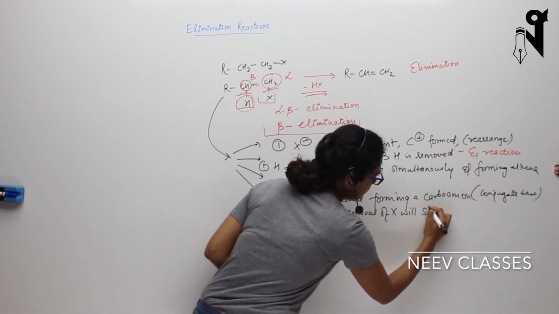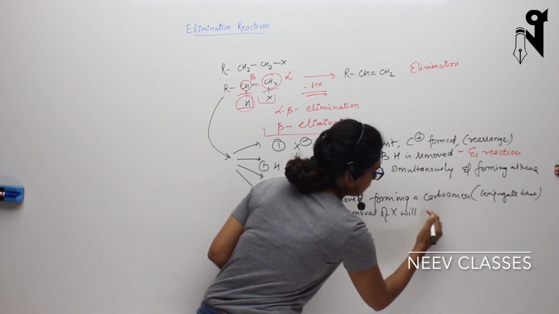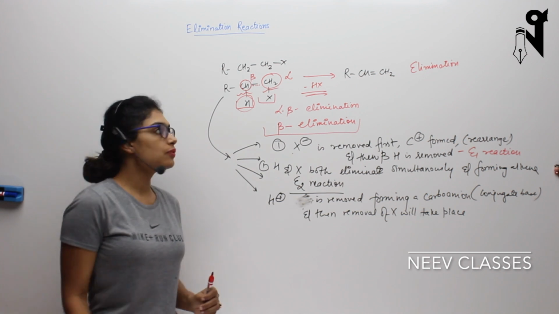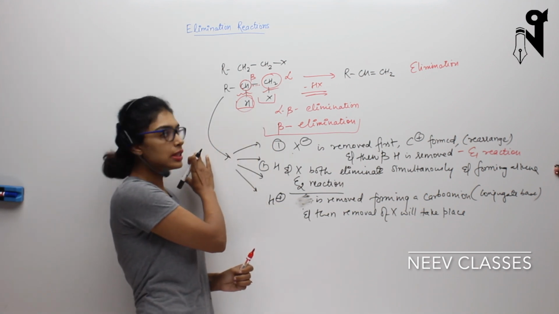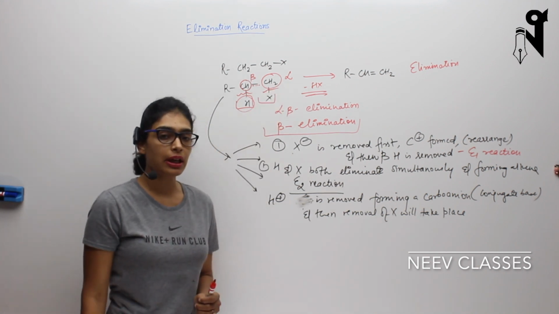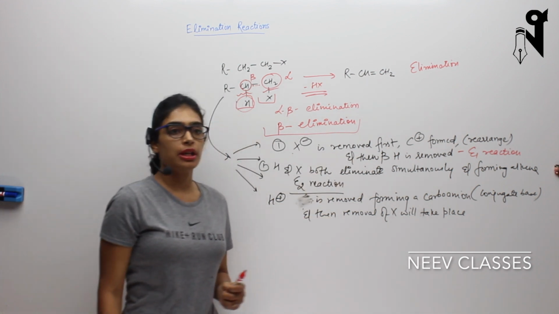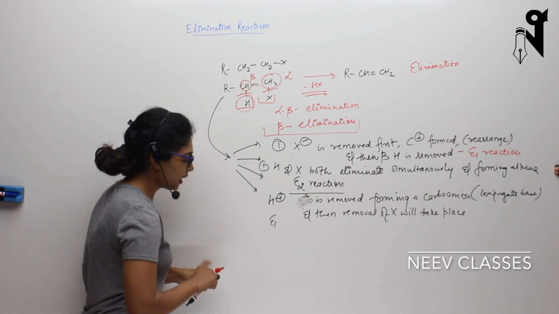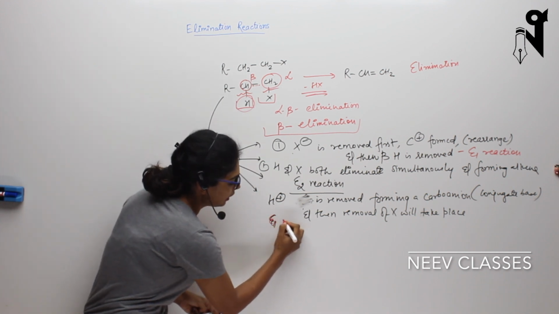So this is again a two-step process, where removal of hydrogen happens first and then removal of X. Because a conjugate base forms here, we call it E1CB.